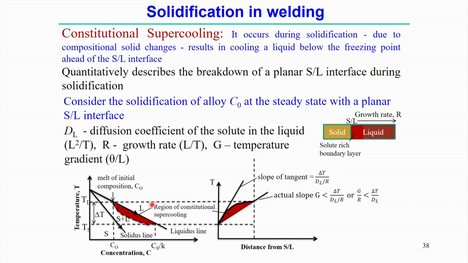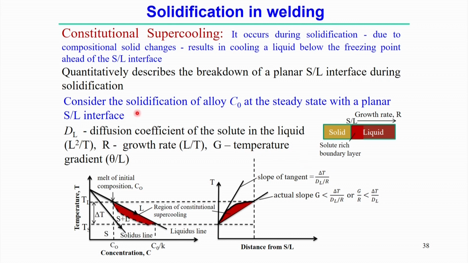Here we can see that this first slope is the actual slope. The actual slope is the temperature gradient, mathematically represented by the term G, temperature gradient. And if we look at the other slope, the slope of the tangent at this point, the slope means the change of temperature, that is the temperature difference with respect to some distance.